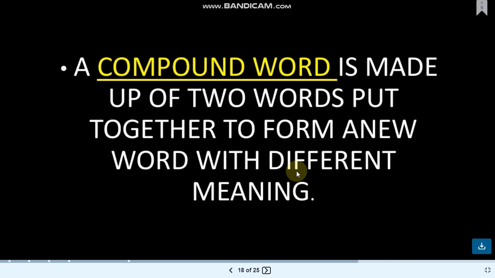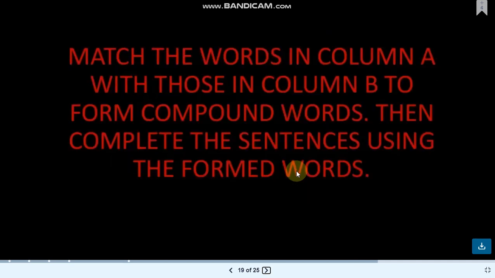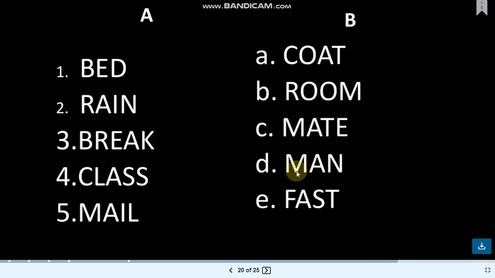Can you read it by yourself? Very good. So let's match the words in column A with those in column B to form compound words. Then let's complete the sentences using the formed words.